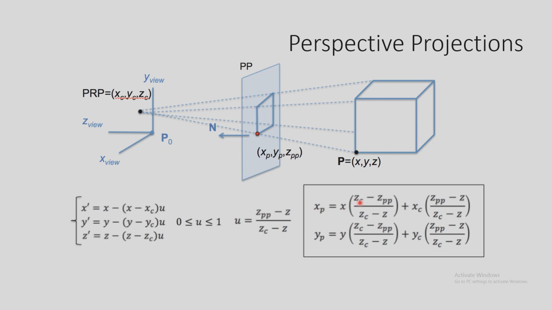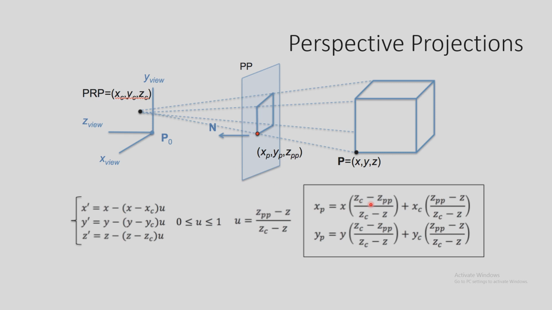These are calculated by these two equations. XP is equal to X multiplied by ZC. What is ZC? ZC is the Z coordinate of the projection reference point minus ZPP. PP means projection plane.